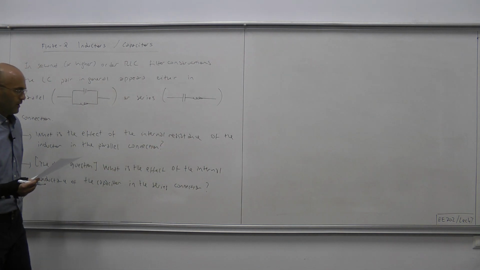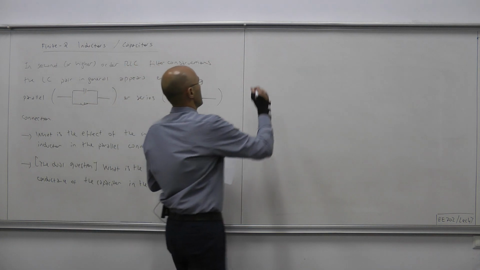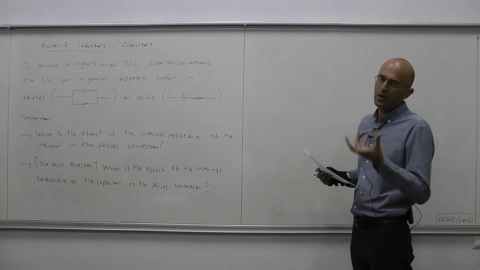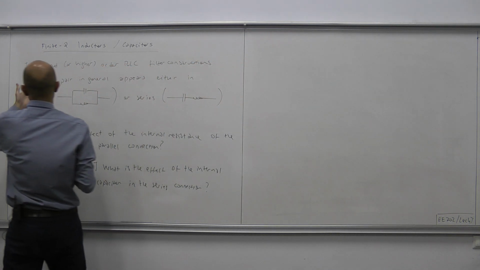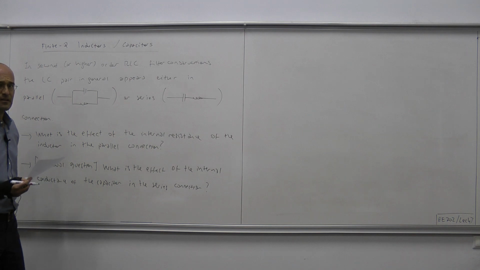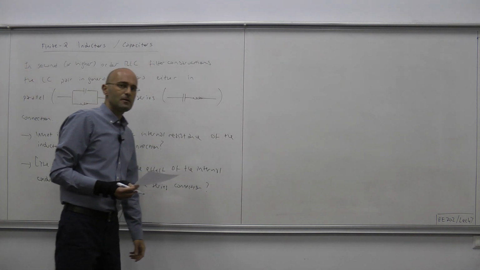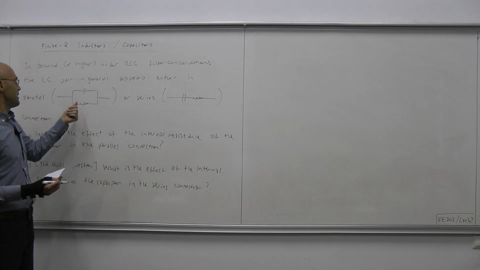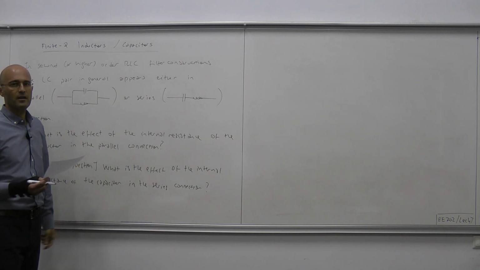Now consider the first question. That is, we have a parallel LC as part of our filter, but the inductor is not ideal. So therefore, it has to be modeled by a resistor that appears in series with the actual inductor.